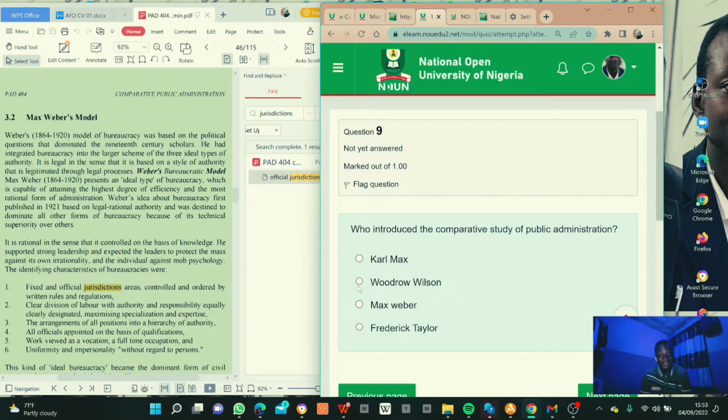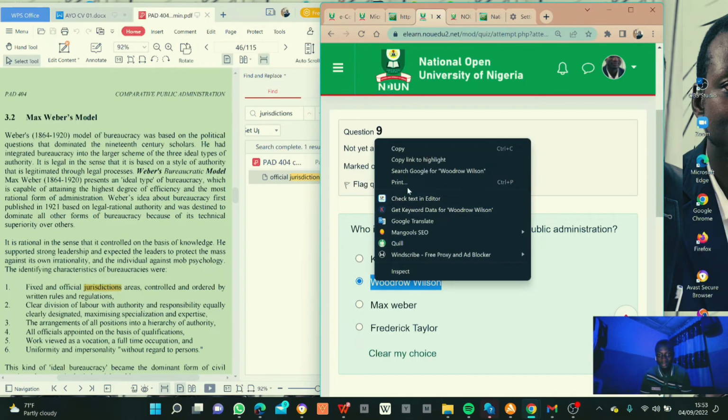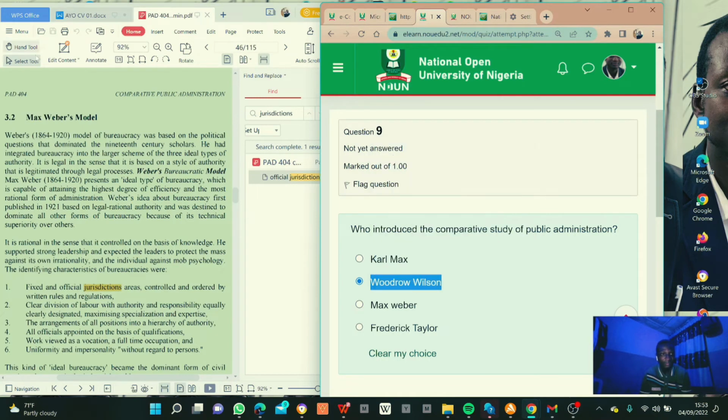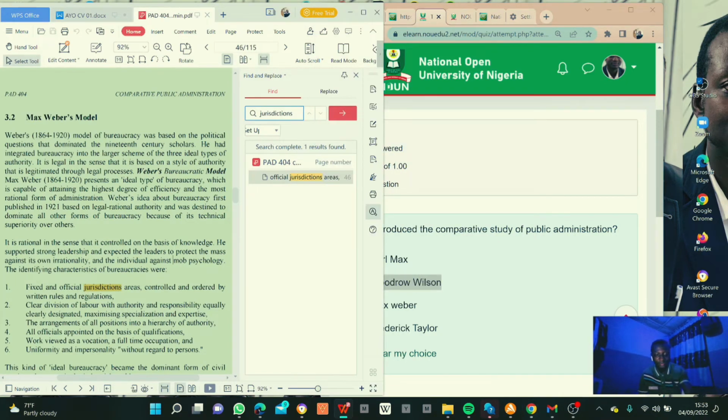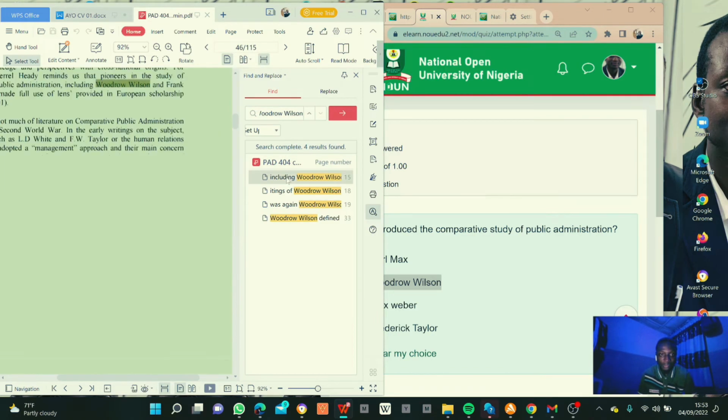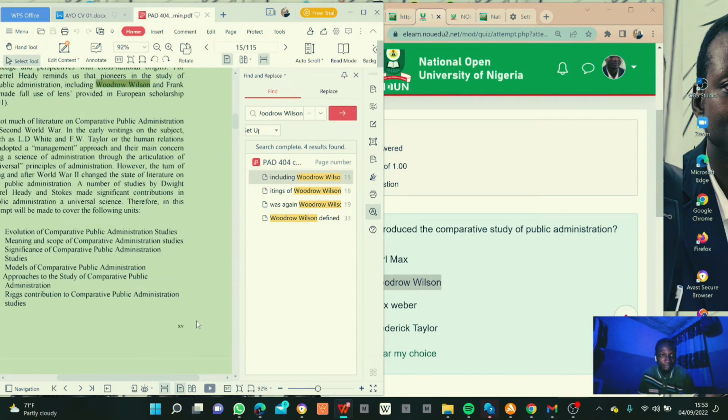I believe by now we should already know the answer. I strongly suggest it's Woodrow Wilson, but let's just be sure. Let's search for the name. Let's use the name as the keyword. Copy, paste. Okay, let's see the first option.